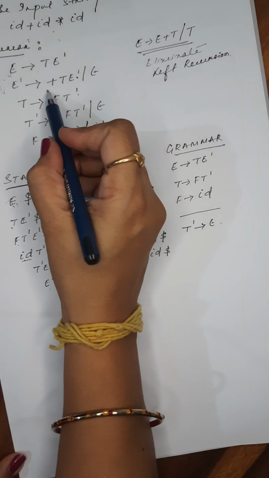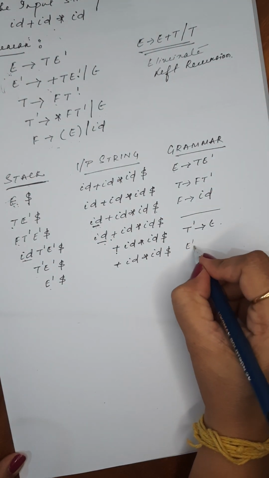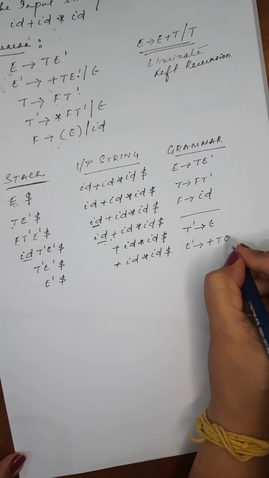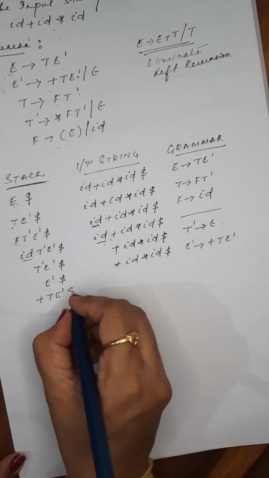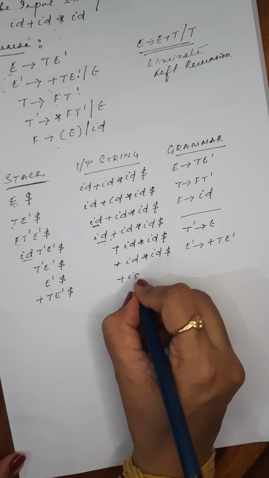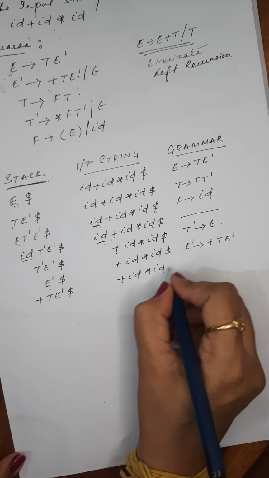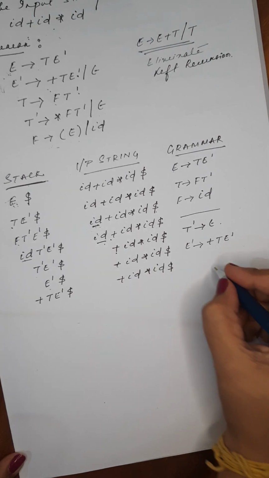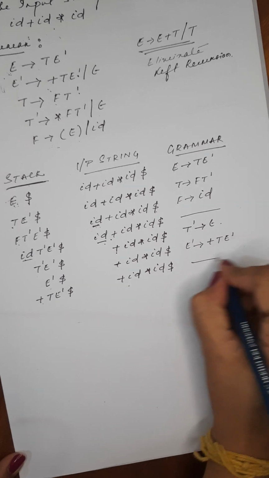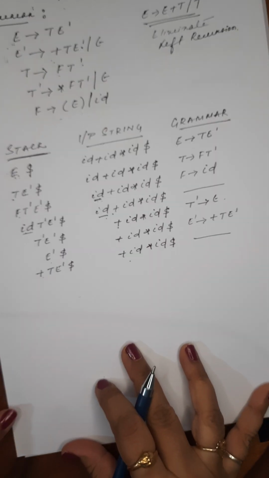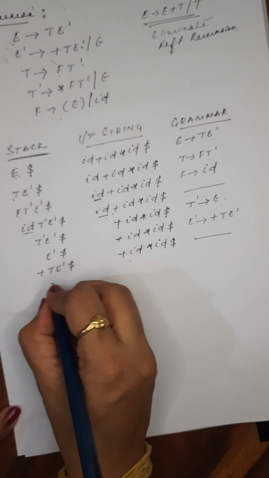Now for E dash what will I take? E dash tends to plus TE dash. Now replace: plus TE dash dollar, plus ID star ID and dollar. Again this plus matches, so it will pop. When it pops, what will remain over here?